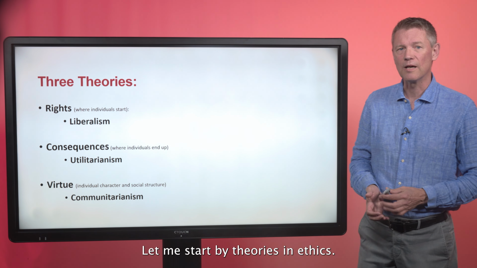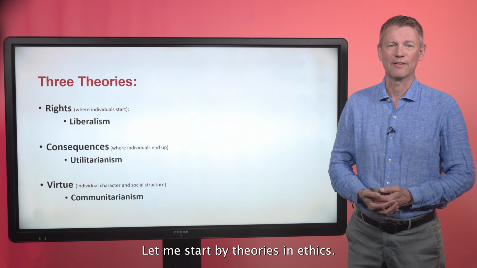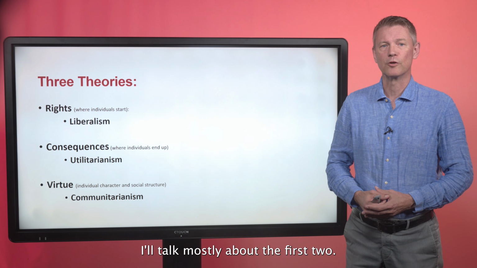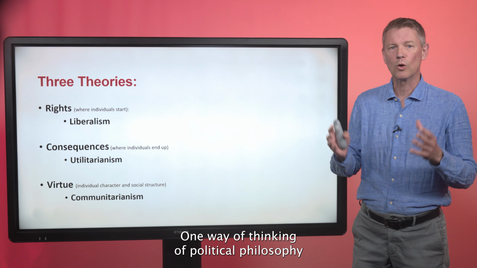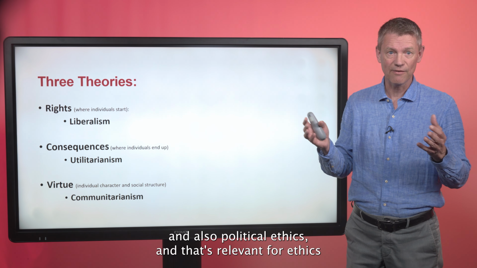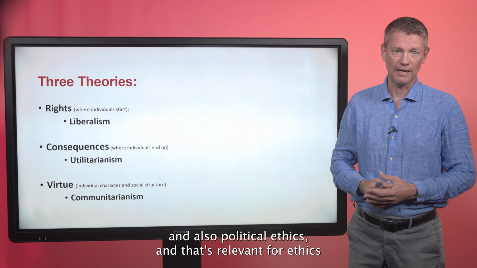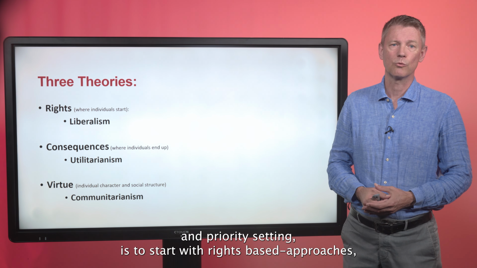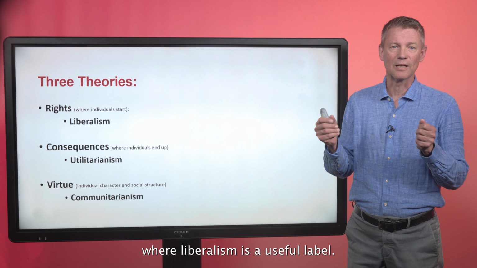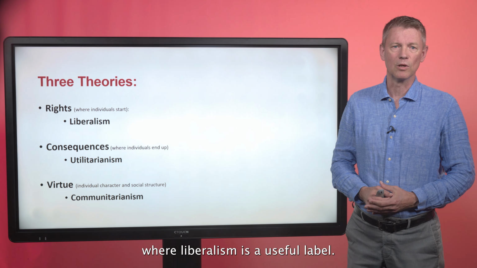Let me start with theories in ethics. I'll talk mostly about the first two. One way of thinking of political philosophy and also political ethics, and that's relevant for ethics and priority setting, is to start with rights-based approaches, where liberalism is a useful label.